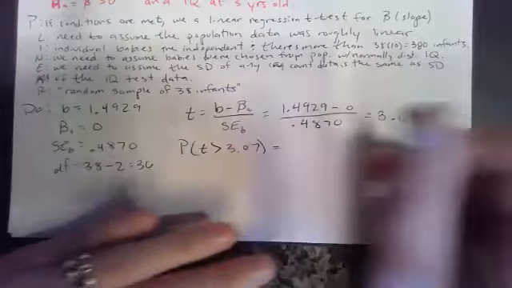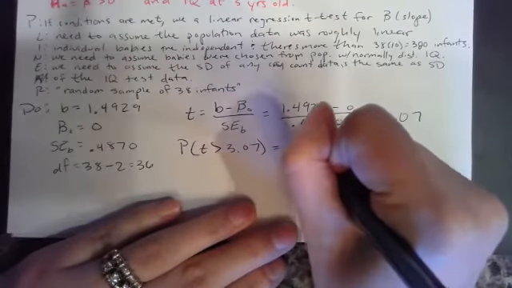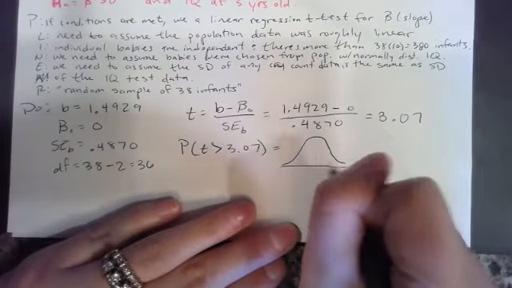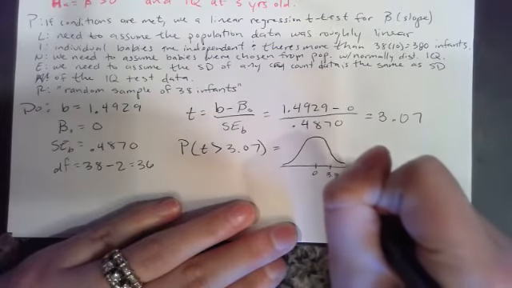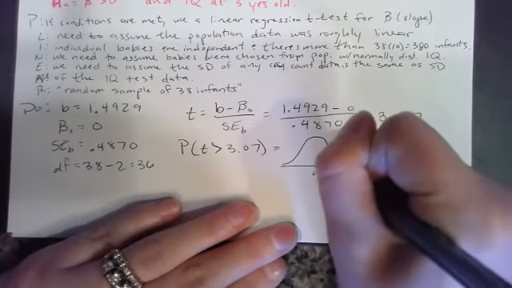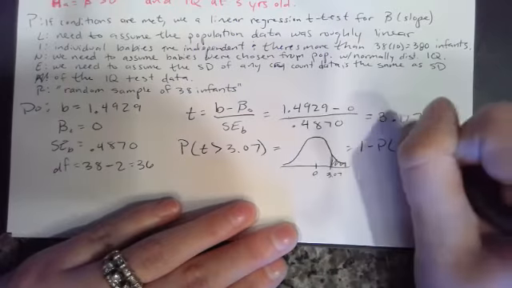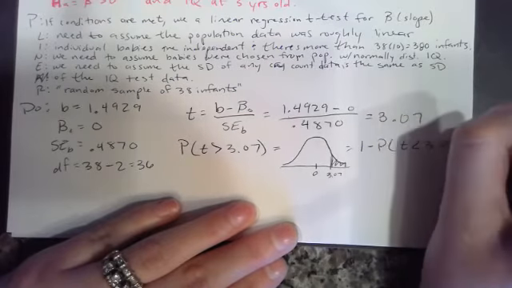It could be 1 minus the probability that t is less than 3.07.